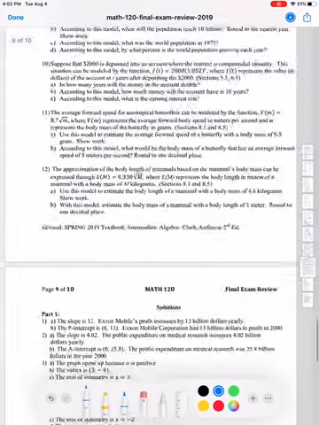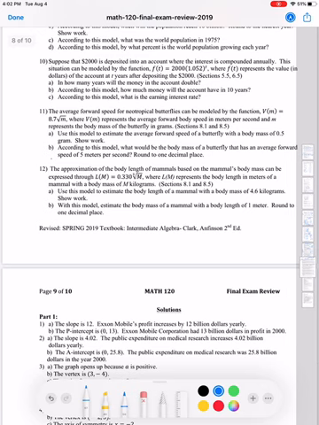And then lastly, number 10, number 11 and 12 are similar. If we do one, you should be okay with the other one. V of M is the average body speed, and then M is the body mass.